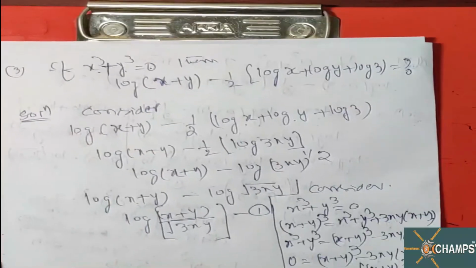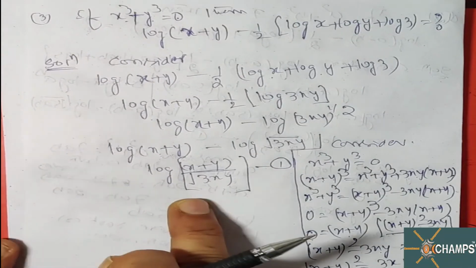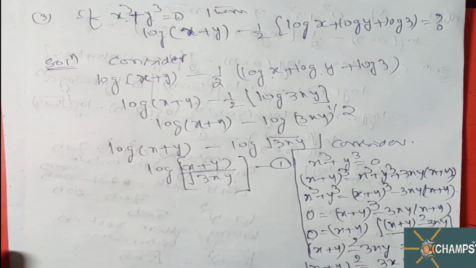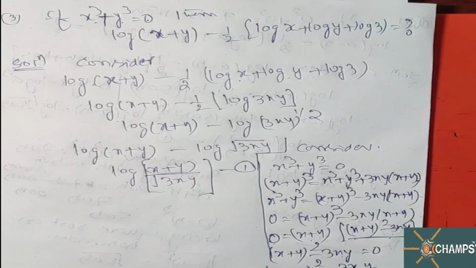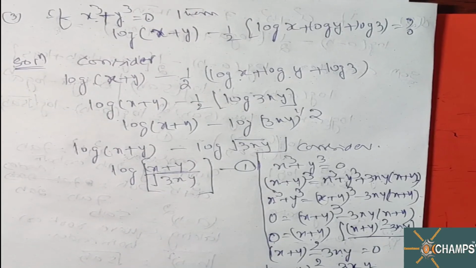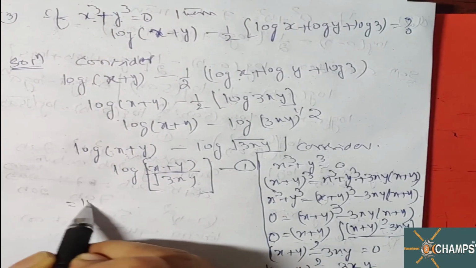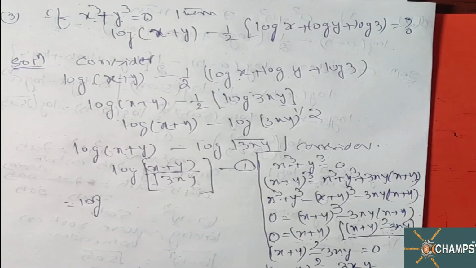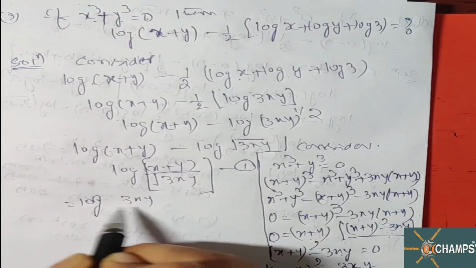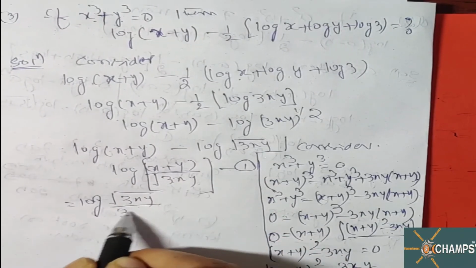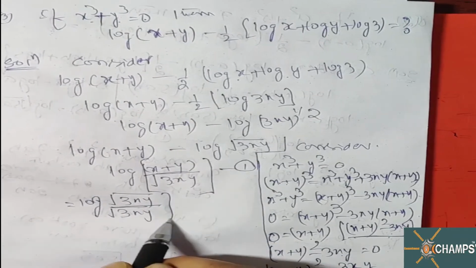Okay, sir. So look at this relation number 1. This is log of x plus y divided by 3xy under root. x plus y can be replaced with 3xy under root, divided by 3xy under root.